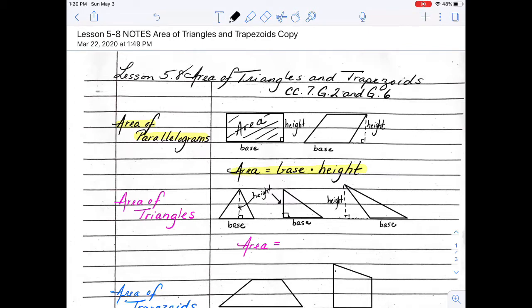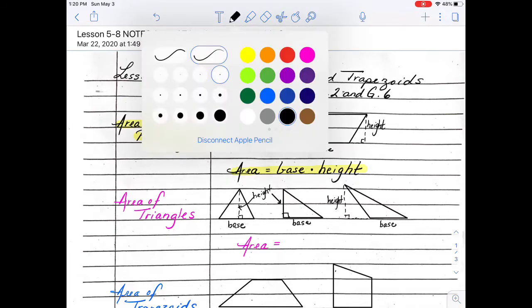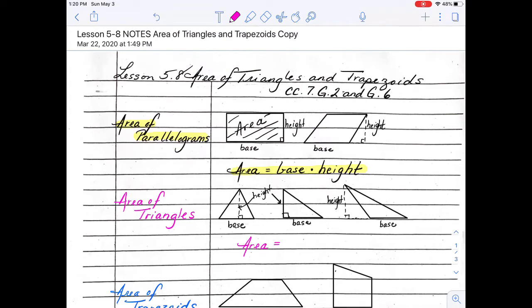Today, though, we're going to be looking at area of triangles. Now, if I know my parallelograms are the base times the height, I want you to look really carefully at those two parallelograms we're looking at above. Because if I was able to take this parallelogram and I cut it in half, what do I have?